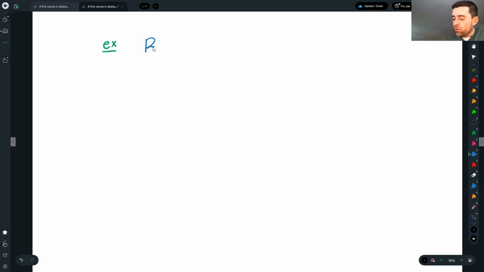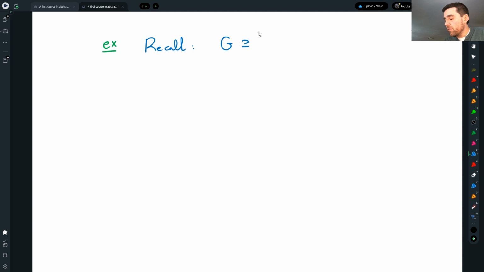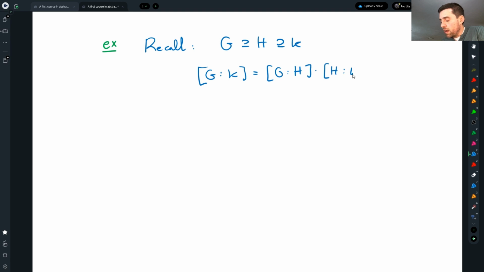I showed you a formula that said if I have a group and a subgroup and a subgroup of that, and these are finite groups, then the index of K in G is the index of H in G times the index of K in H.